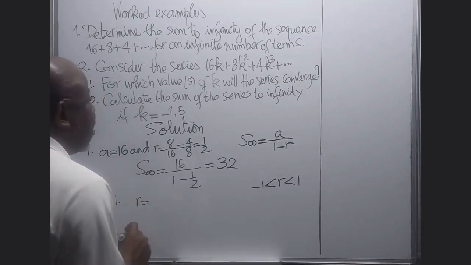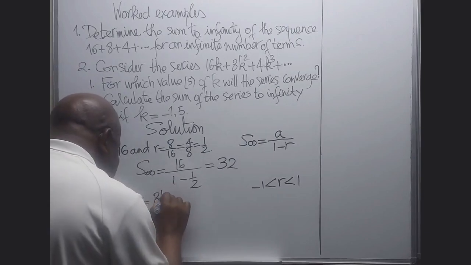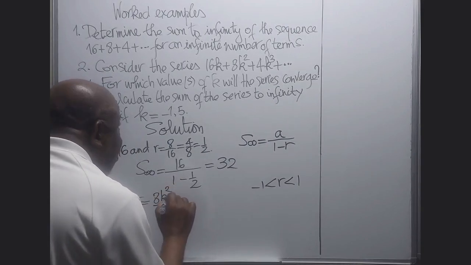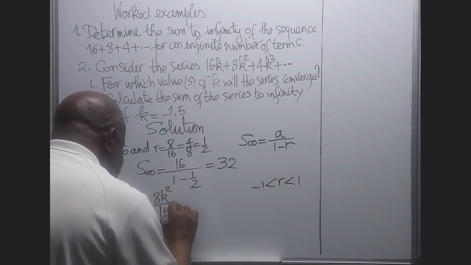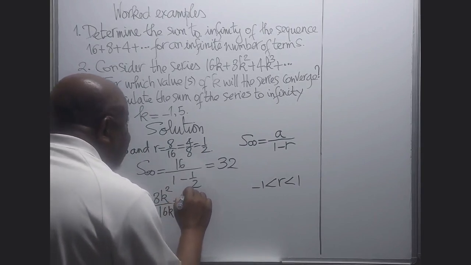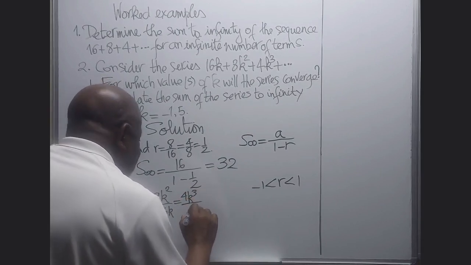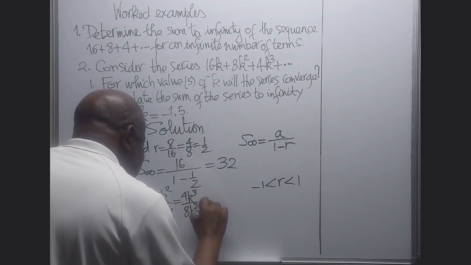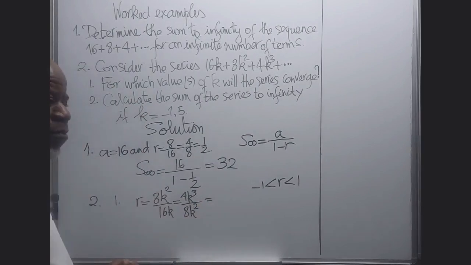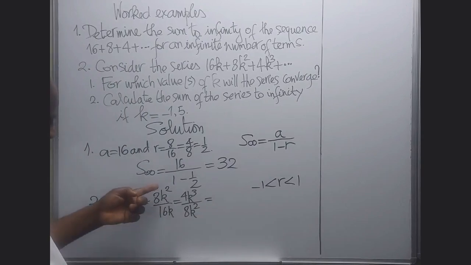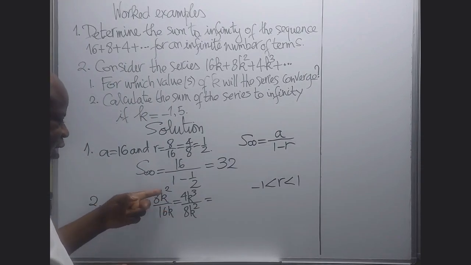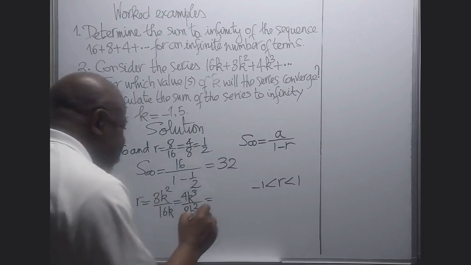R will be equal to 8k squared over 16k. This will be equal to 4k cubed over 8k squared. And after simplification here, k squared by k, we're going to remain with k at the top and 2 at the bottom.